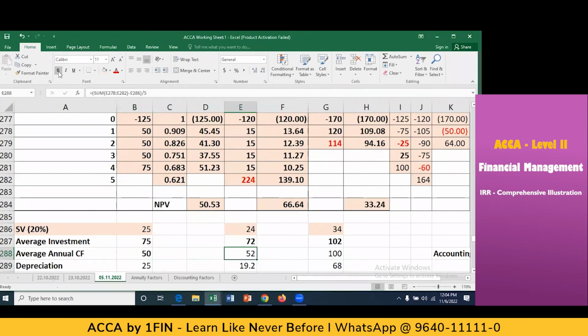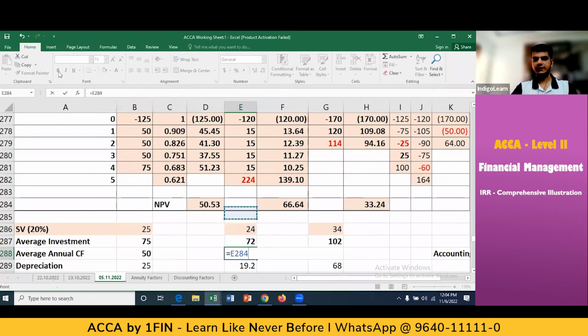Similarly, if we want to calculate here, it is 15 plus 15 plus 15 plus 15 plus 124 minus scrap value divided by how many years? 5. So here I have to divide by 5, coming to 52.